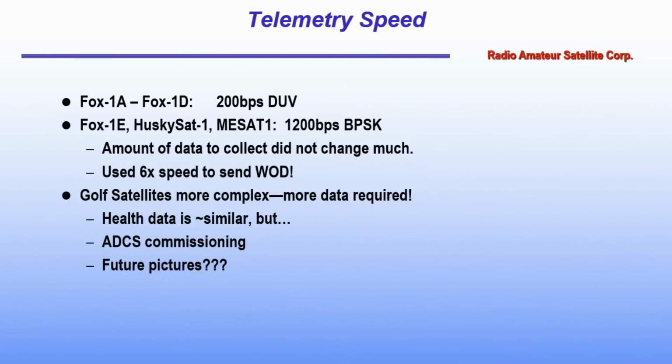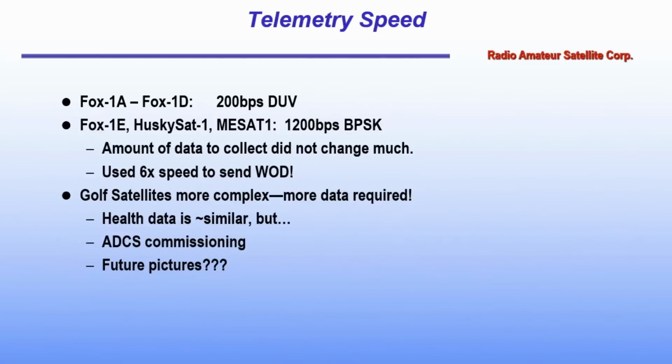Golf satellites are a lot more complex. They're 3 times as big, but I think, as Jerry would say, 90 times as complicated. So there's some health data that's probably a little similar, but then you have all of this stuff, like we have an ADCS, Attitude Determination and Control System, in the Golf T. And there's a lot of commissioning work we have to do.